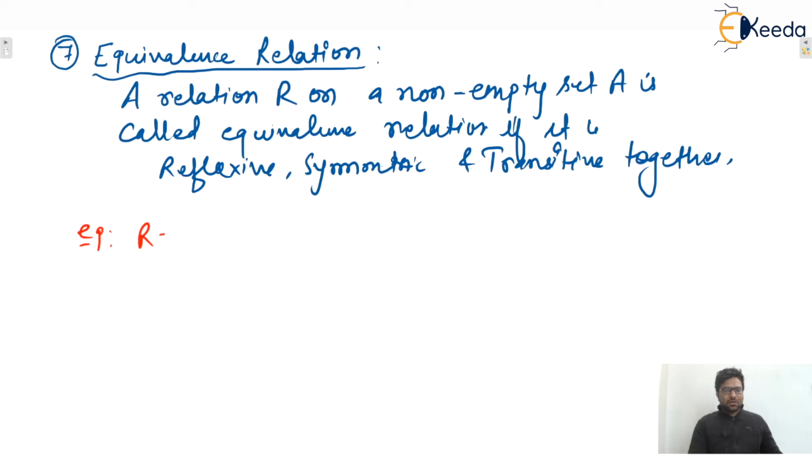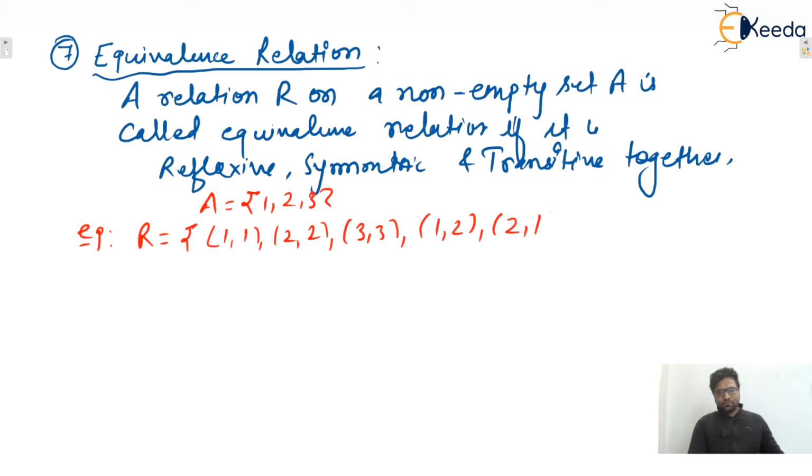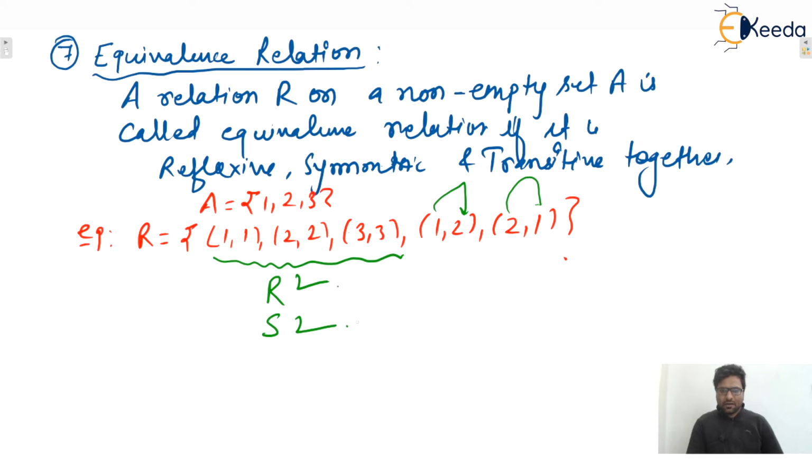Let's say one relation on set A, where A is 1 2 3, is given to you: 1 1, 2 2, 3 3, and 1 2 and 2 1. Tell me whether this is reflexive or not. Yes, all self loops are there, so it is reflexive. Is it symmetric? In symmetric relations all self loops are allowed, and since 1 2 is present, 2 comma 1 must be present, so yes, it is symmetric.